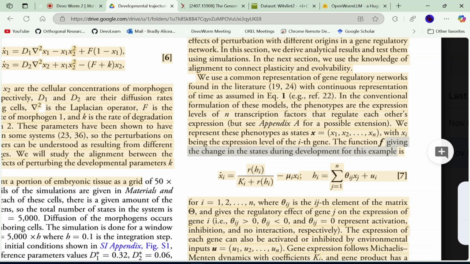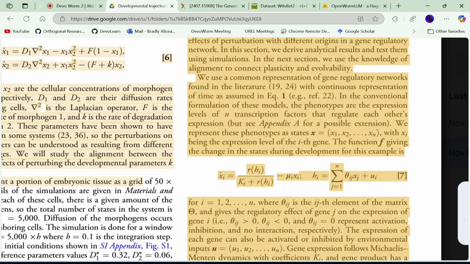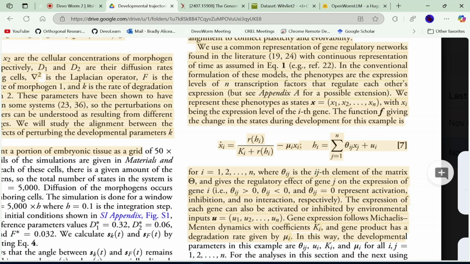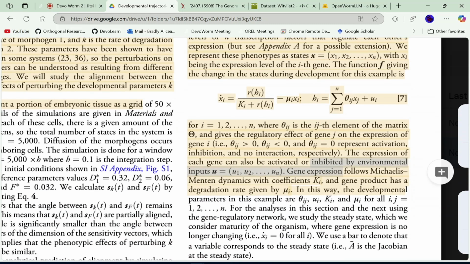We represent these phenotypes as states X, so there are N phenotypes, with Xi being the expression level of the ith gene. The function f giving the change in states during development for this example is encapsulated in this equation, where the ij-th element of the matrix gives the regulatory effect of gene J on the expression of gene I. So gene J is regulating gene I.